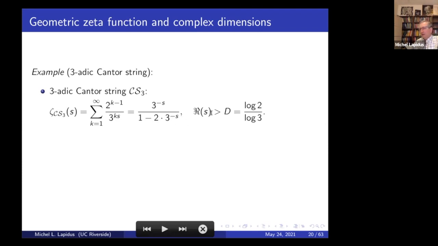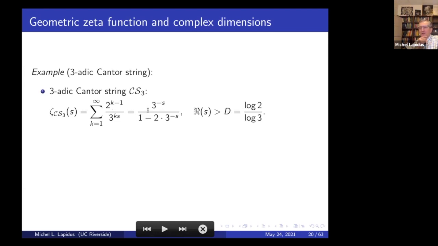And as we know, this converges for real part of s greater than D, which in this case can be calculated. It's log 2 over log 3. I'll explain how this can be done in a second. And the Minkowski dimension is also the abscissa of convergence according to the theorem. In fact, this calculation tells you that the abscissa of convergence is exactly log 2 over log 3, because it tells you the infimum of those alpha for which the series converges.